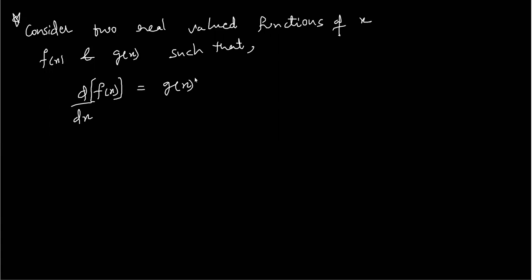Now this is something very common. You have two functions of x and you notice that the derivative of one of those with respect to x is the other. Suppose I have sin x and cos x.